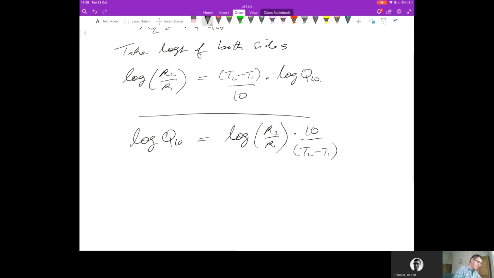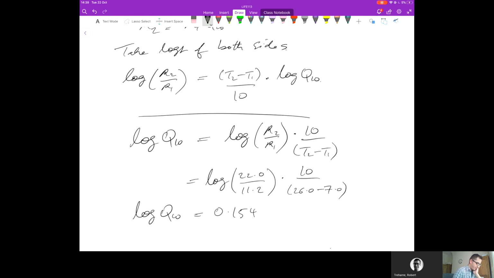Okay. Right, so I can solve the log of Q10 initially, just by plugging in the numbers. That is equal to log of R2, which was 22.0 over 11.2, according to that table, multiplied by 10 all over 26.0 minus 7.0. I get a value for log Q10, which is equal to 0.154.